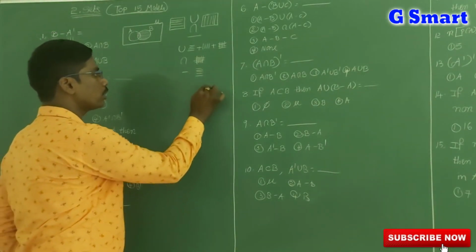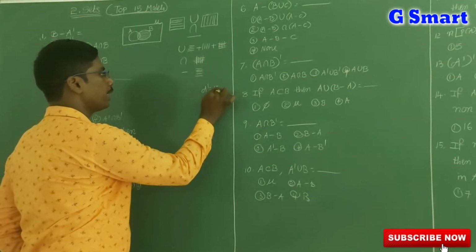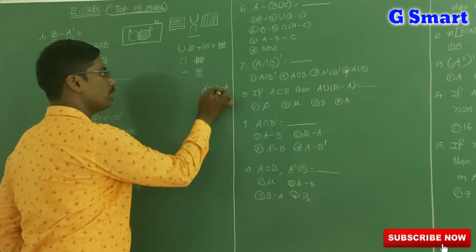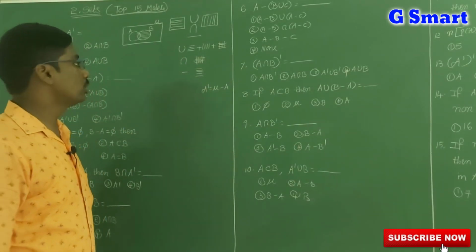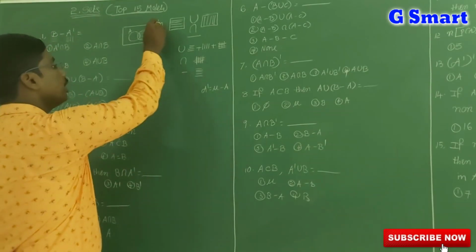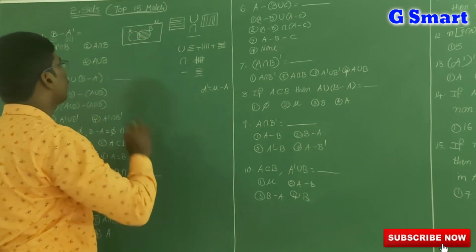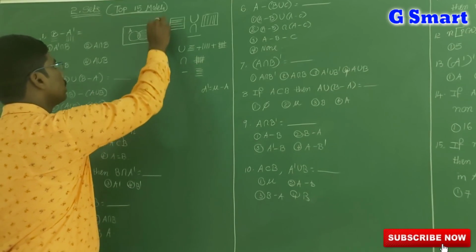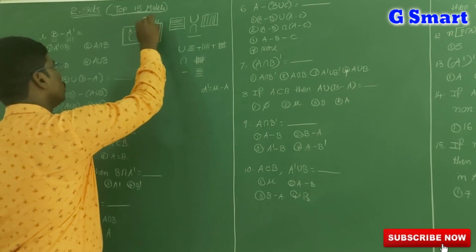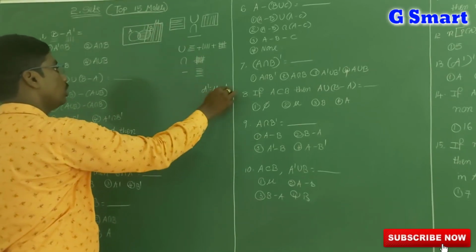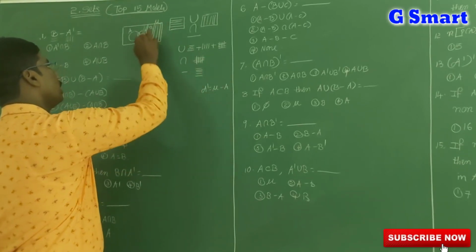A dash means what? Mu minus A, which means the element should be present in mu and should not be present in A. Those are vertical lines. This is the diagram, this is the mu. Only they should not be present in A, the remaining part is present.